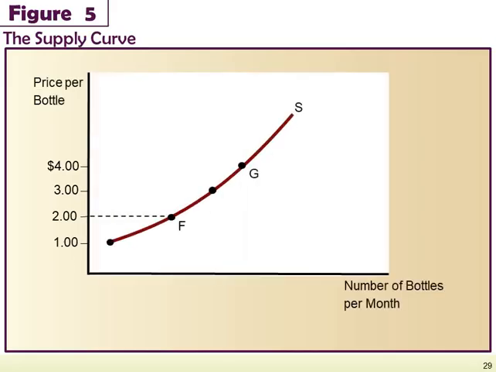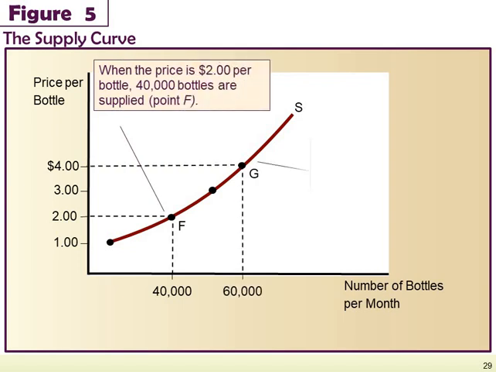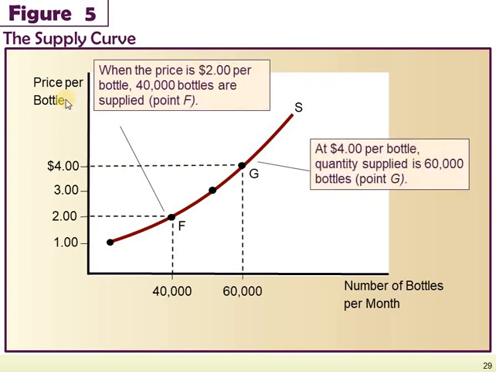So, ayan. Okay. So, in here, nung mababa pa lang yung presyo, okay, si seller or producer, nakapag-come up lang siya ng 40,000 bottles. Why? Konti lang naman kikitain ko kasi dos lang naman yan, diba?